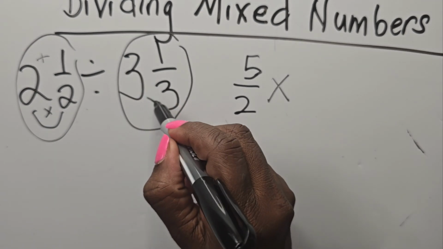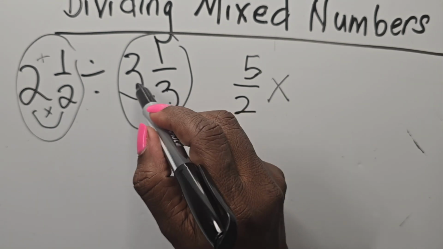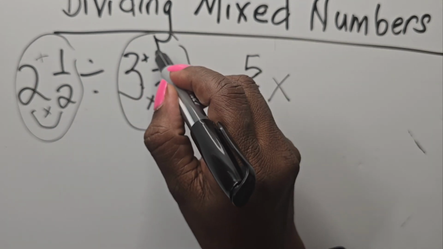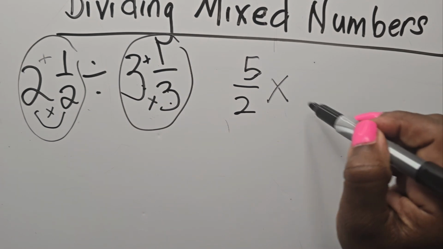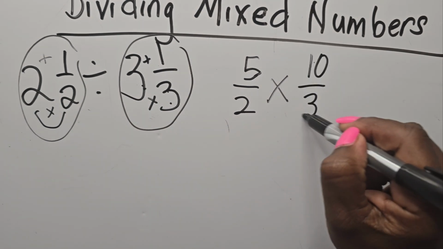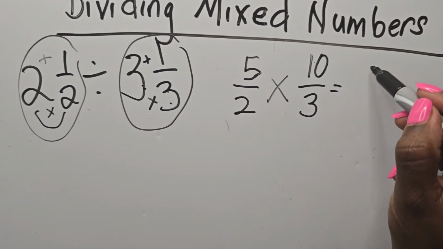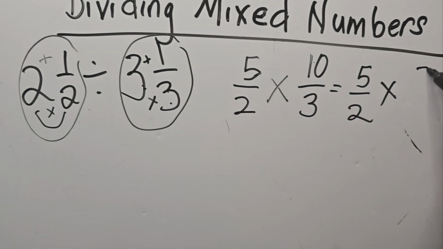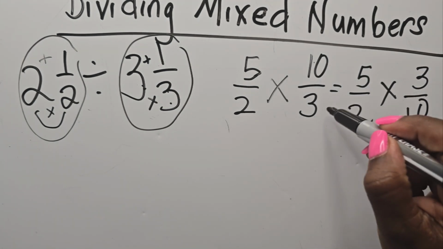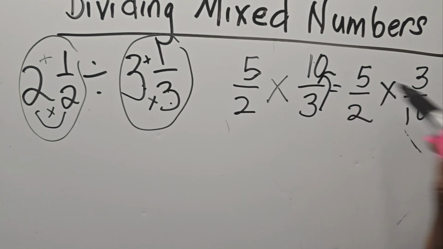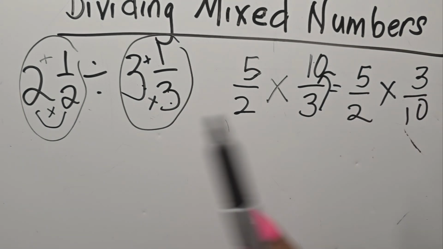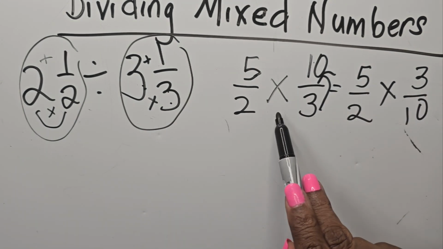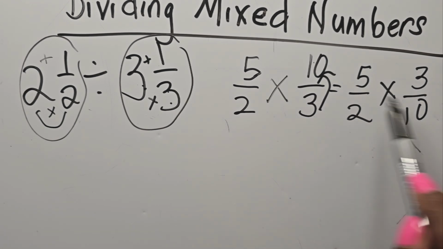So we're going to do 3 times 3 equals 9 plus 1 equals 10/3, which becomes 5/2 times the reciprocal, 3/10. Remember the flip.